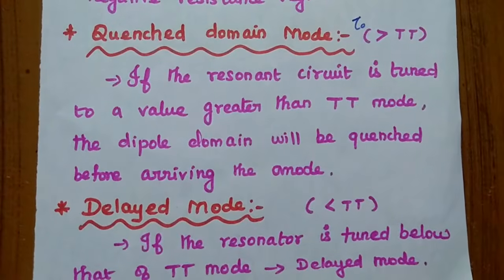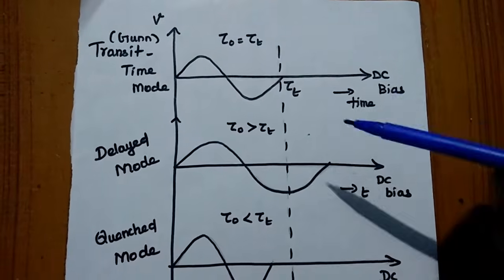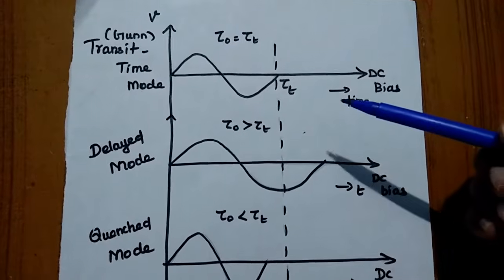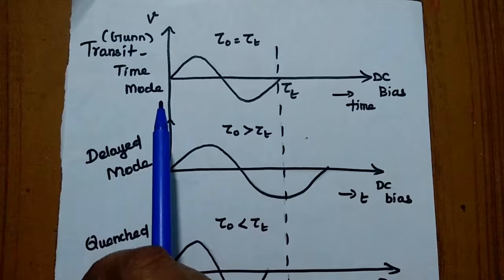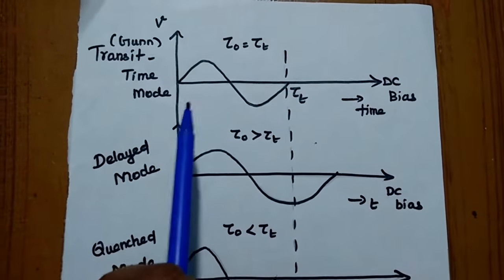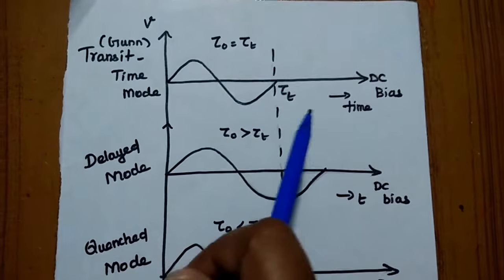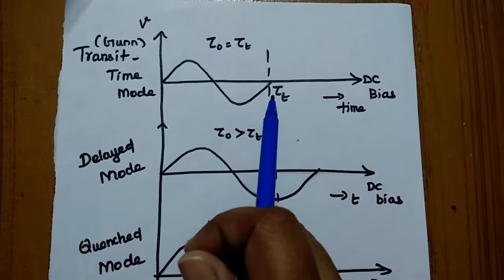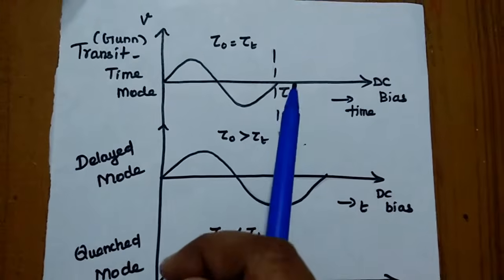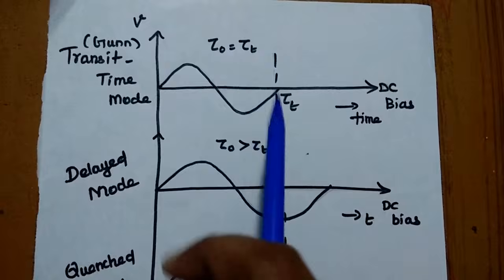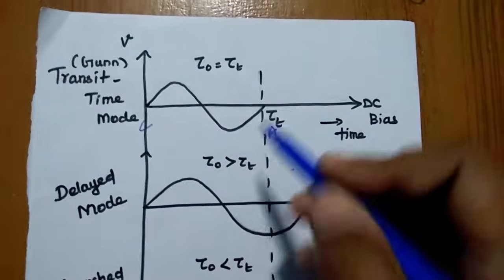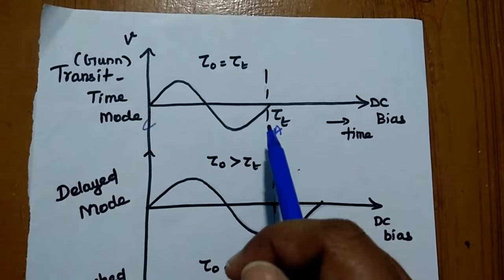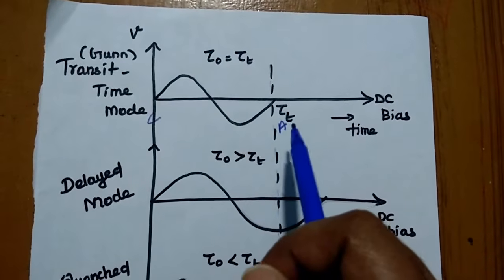I will show you the diagram, from which you can easily understand the concept of delayed mode and quenched mode. So this is for the normal Gunn mode, that is transit time mode. With respect to time, this is the actual transit time required. Here it is cathode, here it is anode. So I need to receive the signal at this particular transit time.